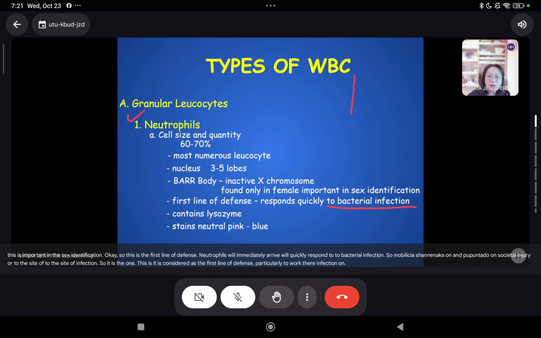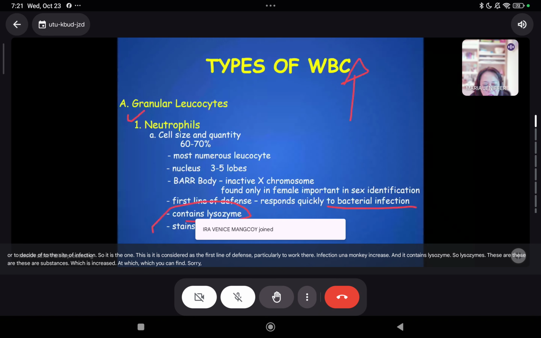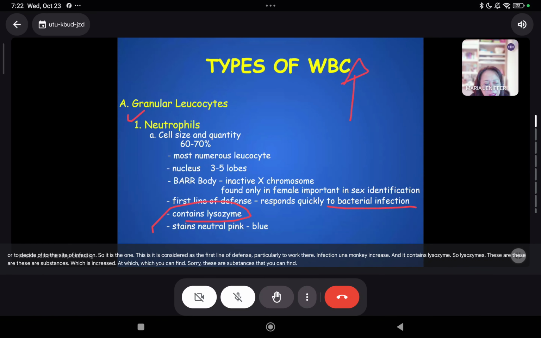It is the first to increase. And it contains lysozyme. Lysozymes are substances that you can find in, or that are carried by, the neutrophils.